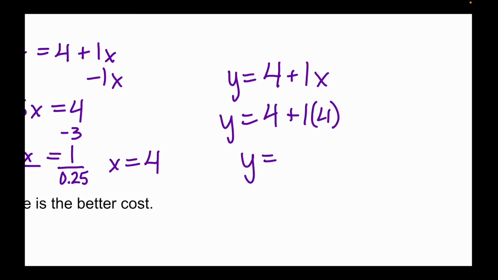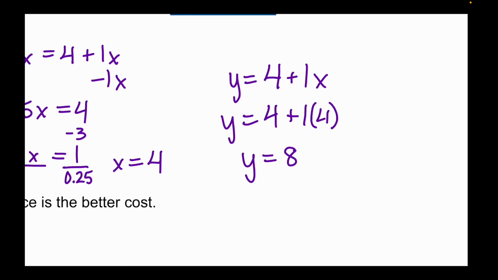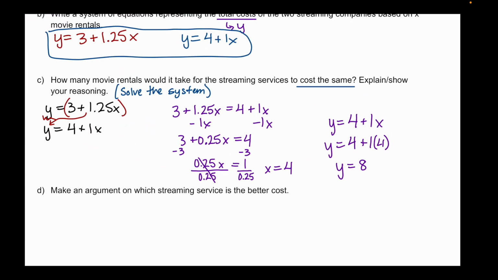So y is going to be equal to 8. So what this means is that x was movies, and y is 8 because that's going to be our cost. So 4 movies, $8. That's when they would cost the same.